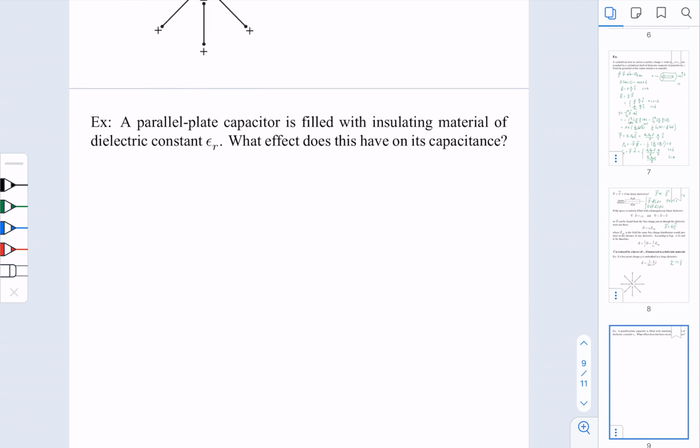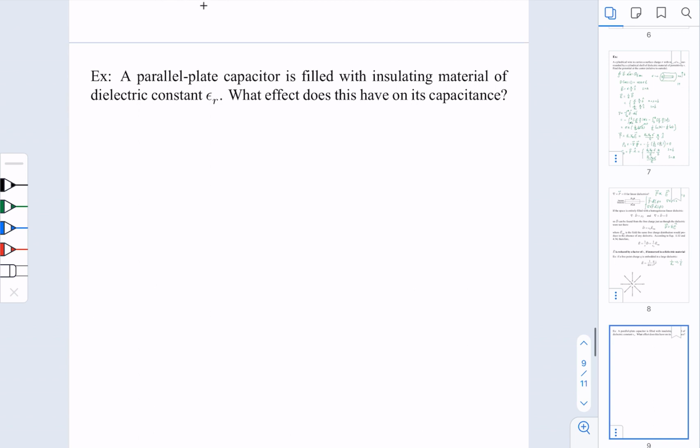Now let's try to give an example. Remember that initially we calculated the capacitance of a parallel plate capacitor.